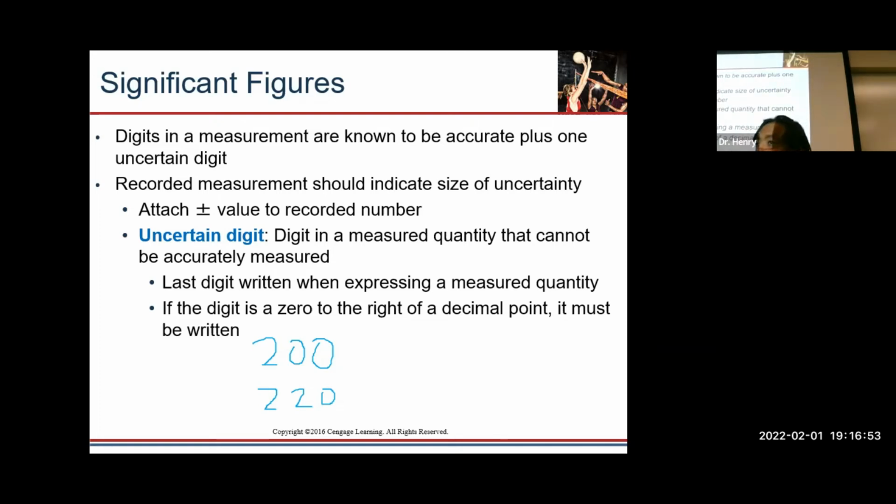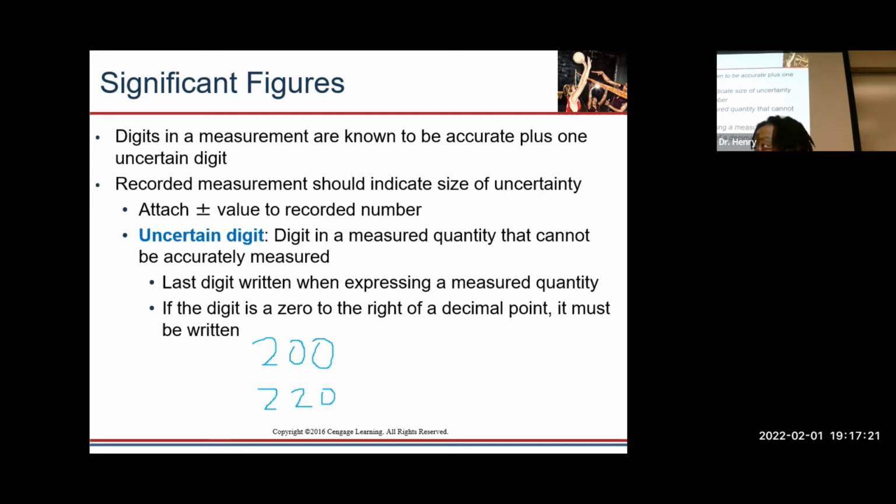Okay, so now the Harnell scale says 220. So that has two significant figures. 1, 2. That 0 isn't acting as significant. So the first one has 1 significant figure. The second one has 2 significant figures. Now that doesn't mean that it's not still 220.